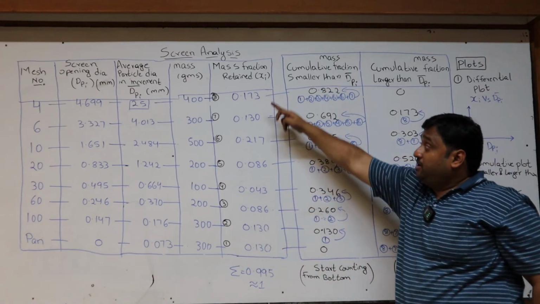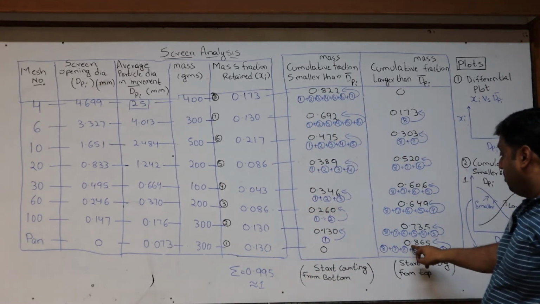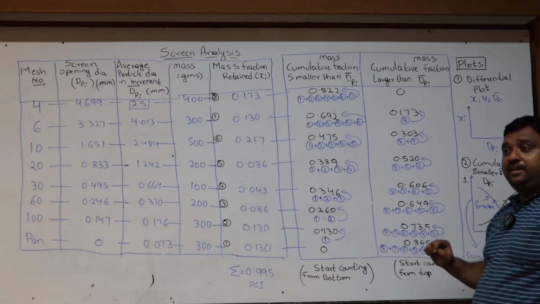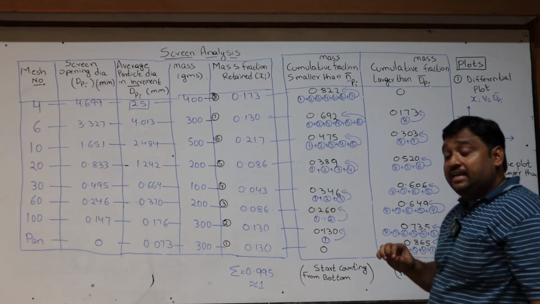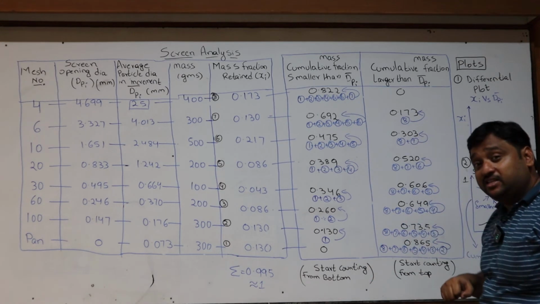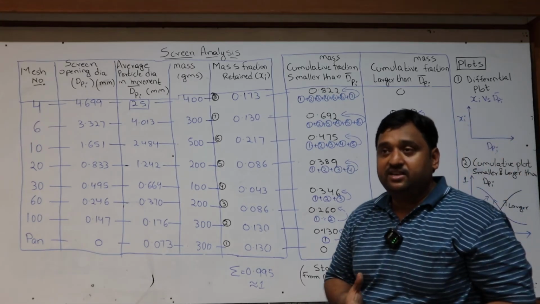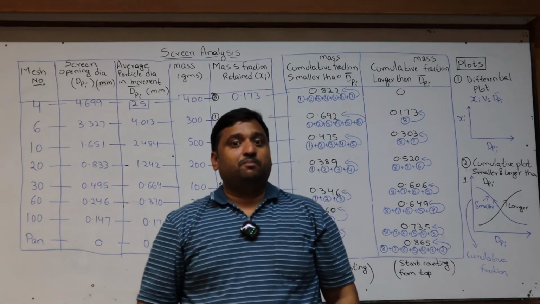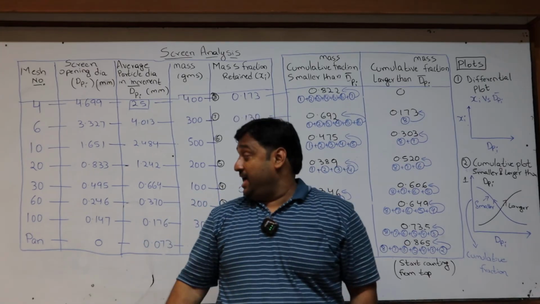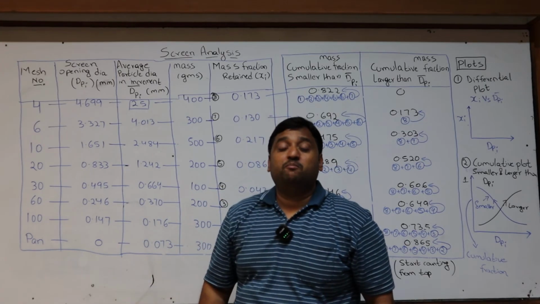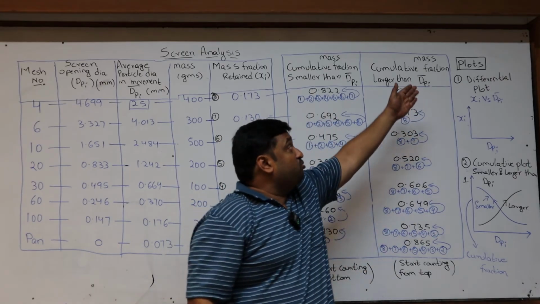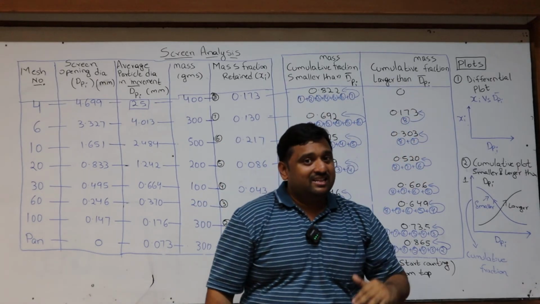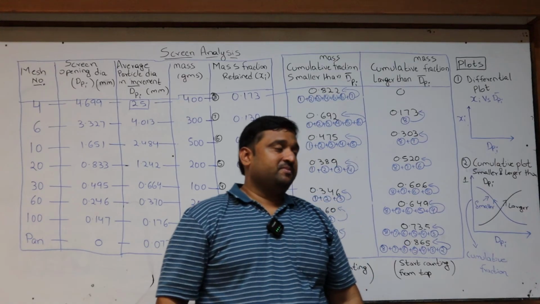If you sum all of them, you get 0.865. Out of your total mass, 86% of the particles are greater than 0.073 mm. So that is what the cumulative fraction larger than dpi signifies.